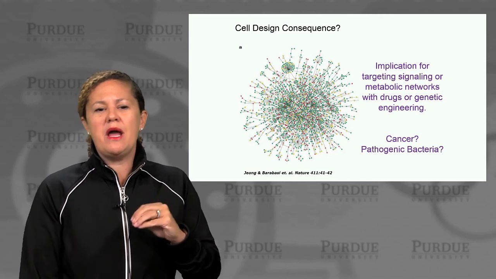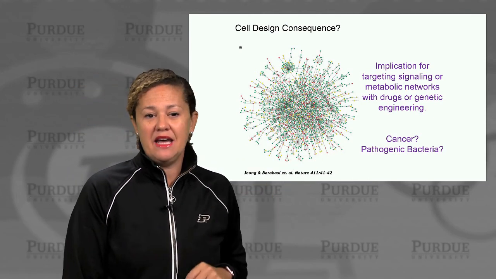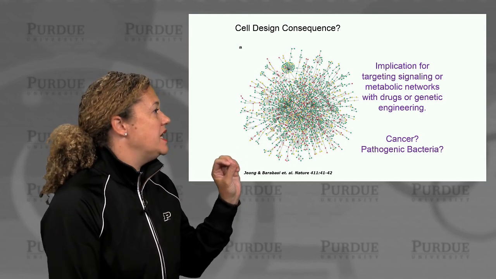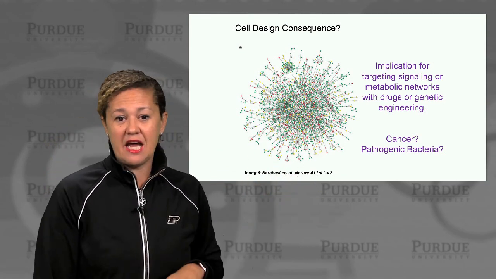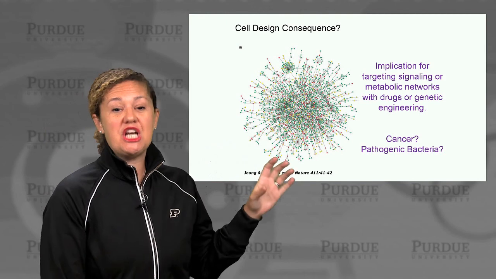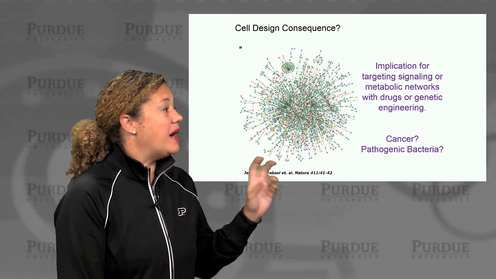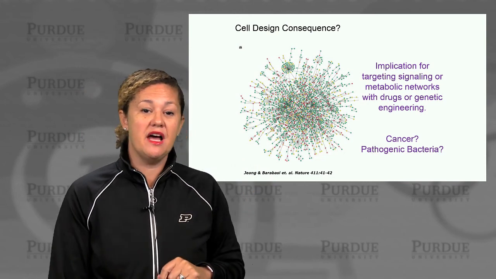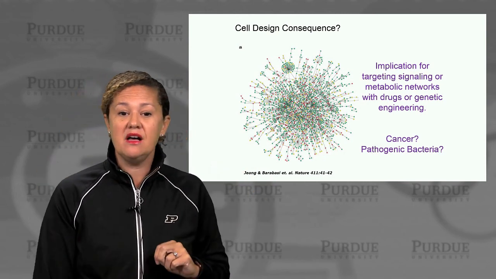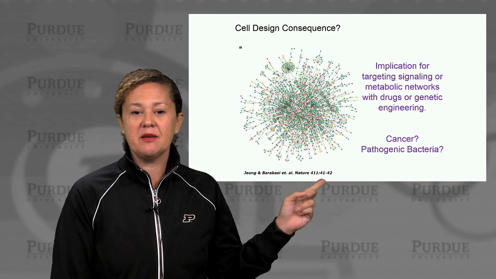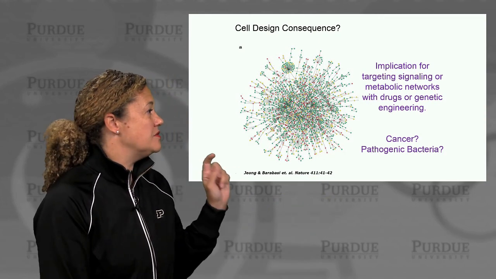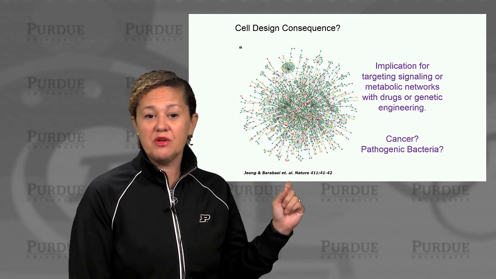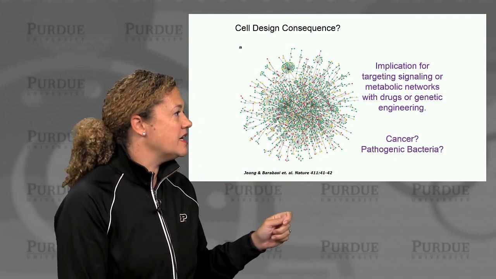So when might we want to attack a network, right? If we, as engineers, wanted to intentionally attack a network, or change it via metabolic engineering, or if we were trying to kill a particular cell, perhaps it's a cancer cell, or perhaps it's a pathogenic bacteria, and we want to kill this cell by going in and targeting particular proteins or genes as drug targets.